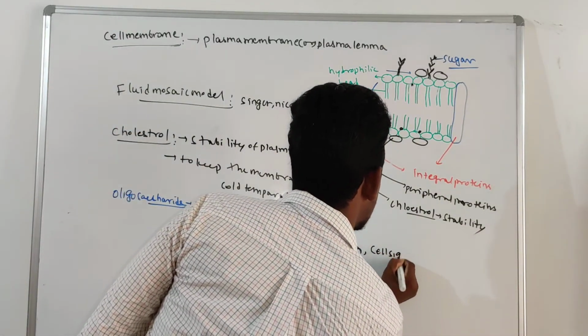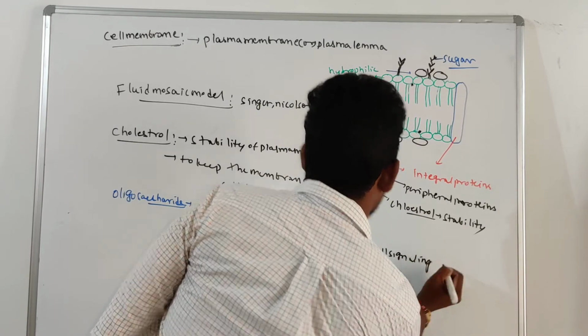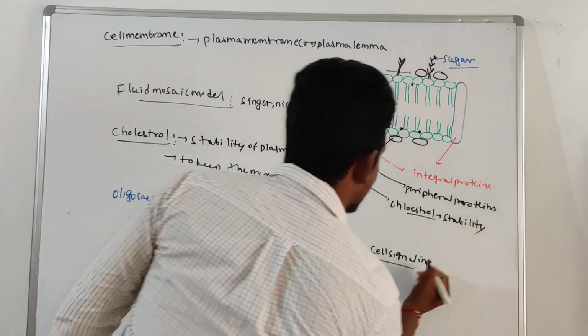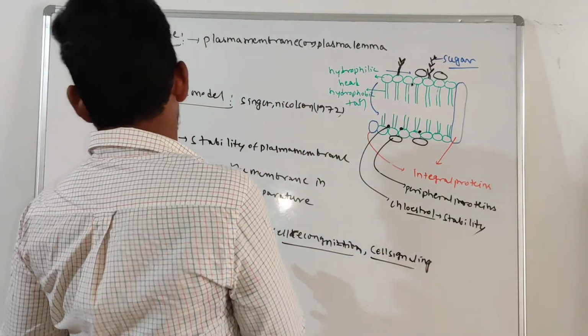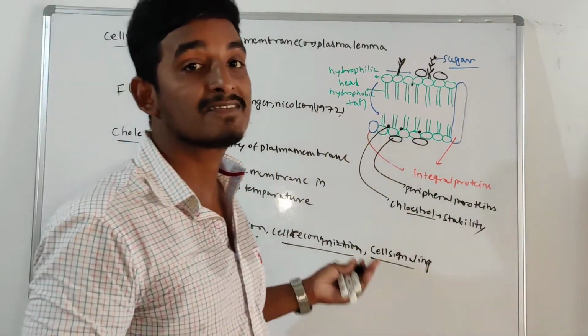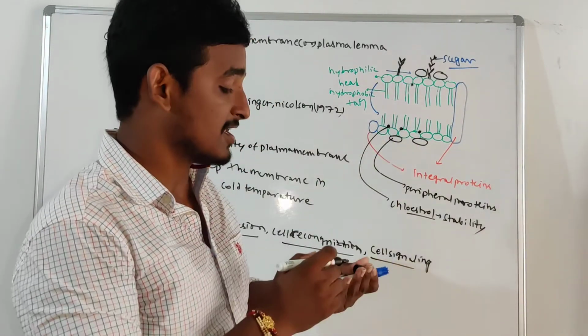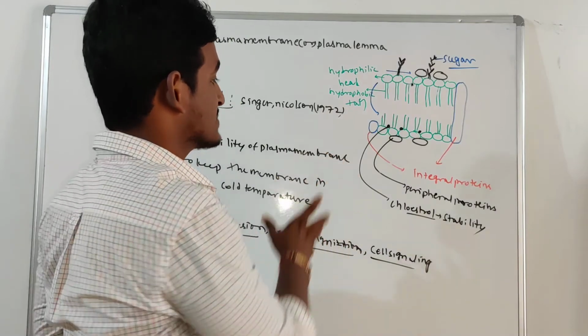So cell adhesion, cell recognition and cell signaling are the functions performed with the help of this carbohydrate molecule. So that is the structure of this plasma membrane.